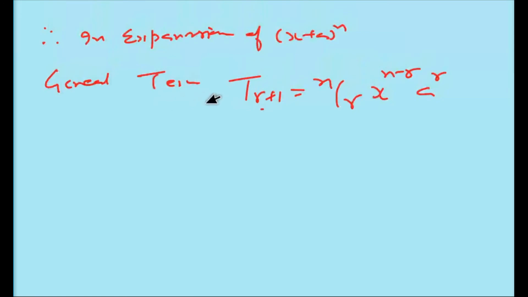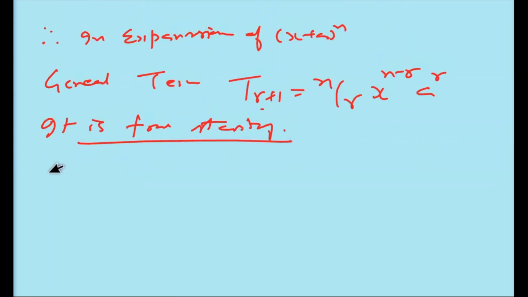So this is a very useful formula to directly find the third term, fourth term, fifth term, sixth term, anytime. So it is from the starting. Okay, now from the end.